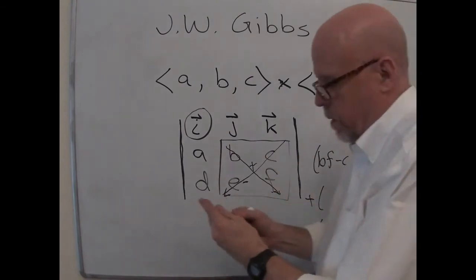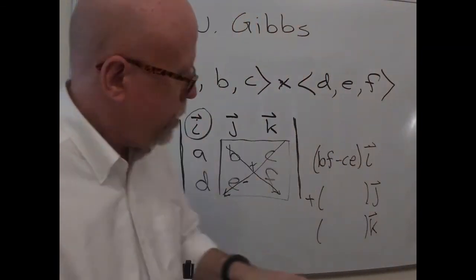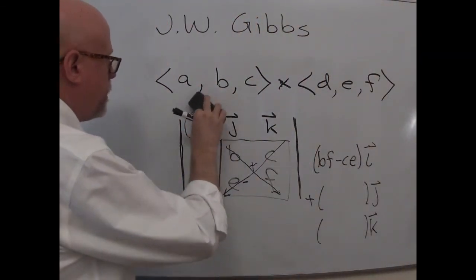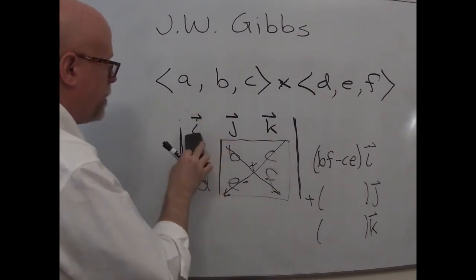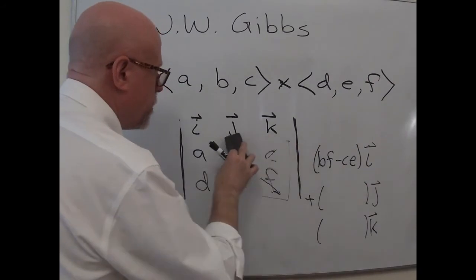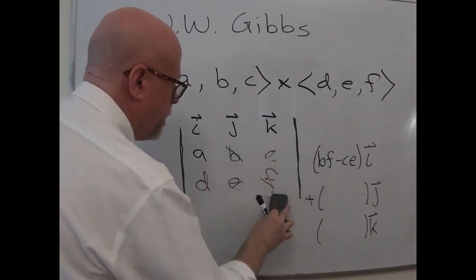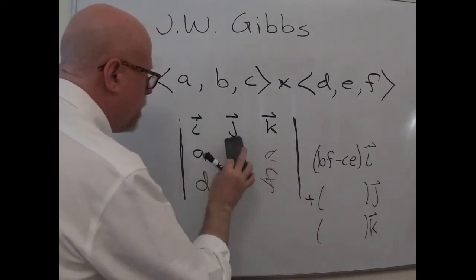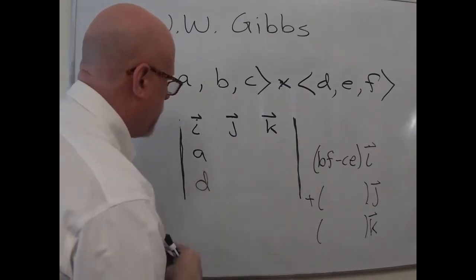So can I just make some changes to this picture? I want to think about getting the K component. Let me just redo that part.